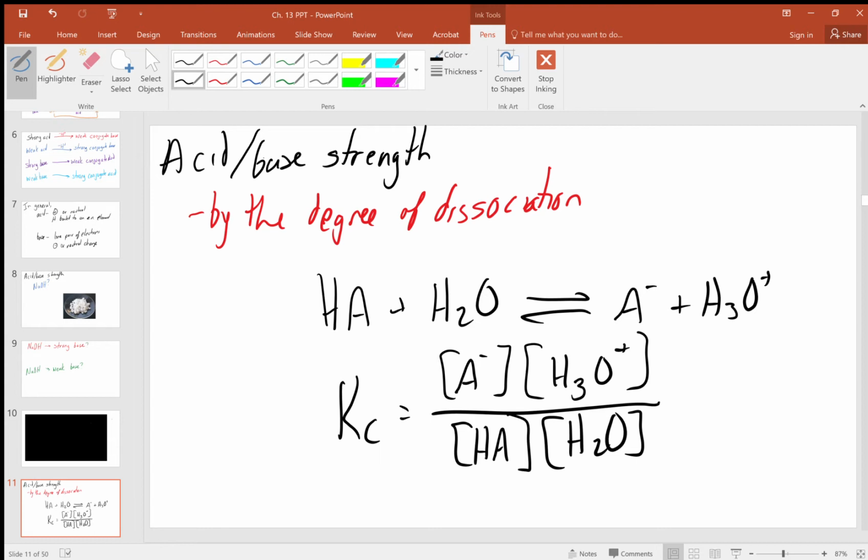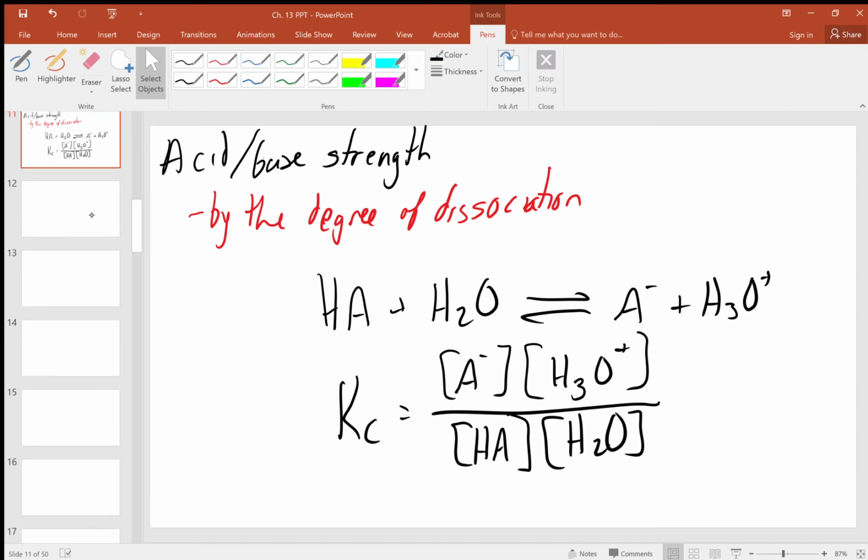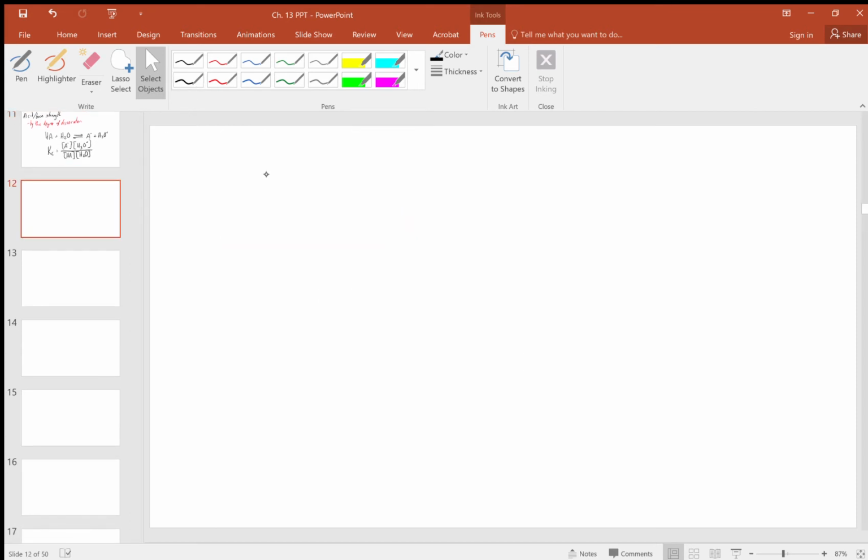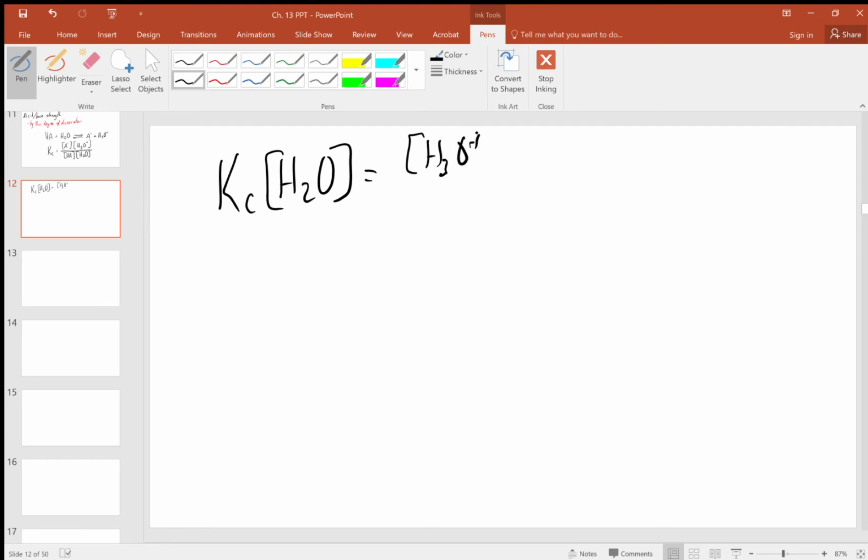Now, what we're going to do is multiply both sides by the concentration of water. And so we get Kc times the concentration of water is equal to H3O plus times A minus divided by HA.